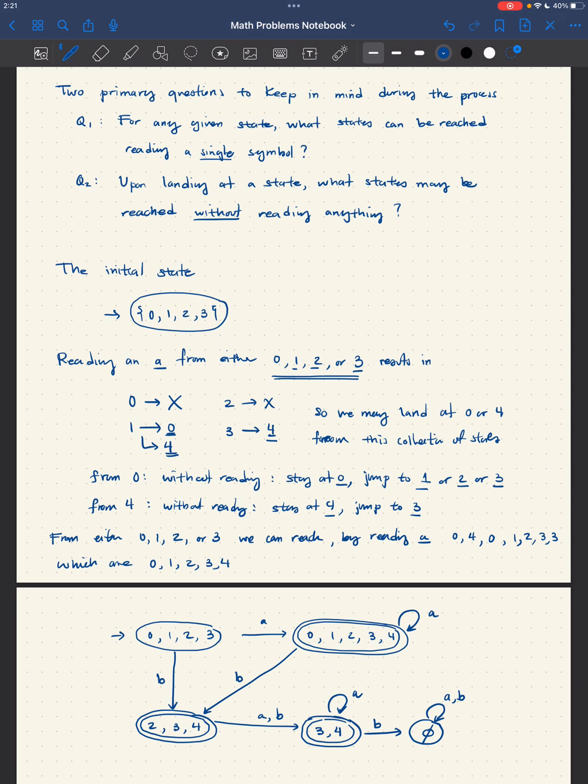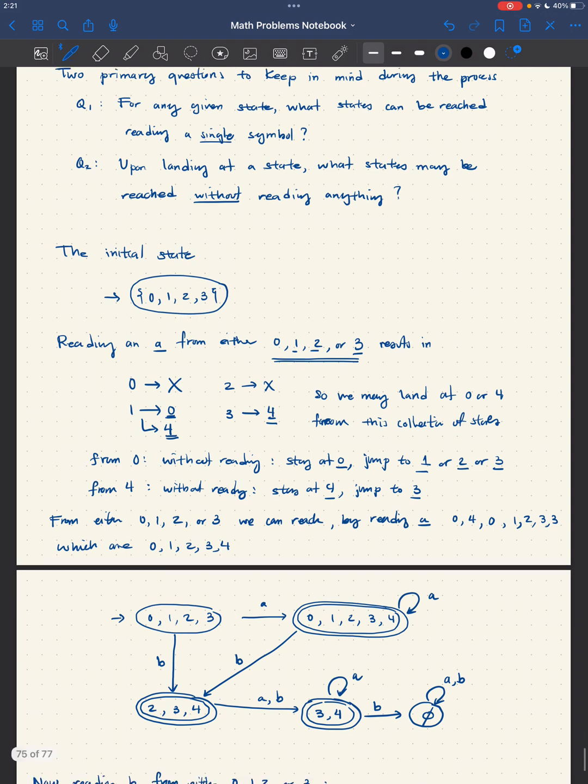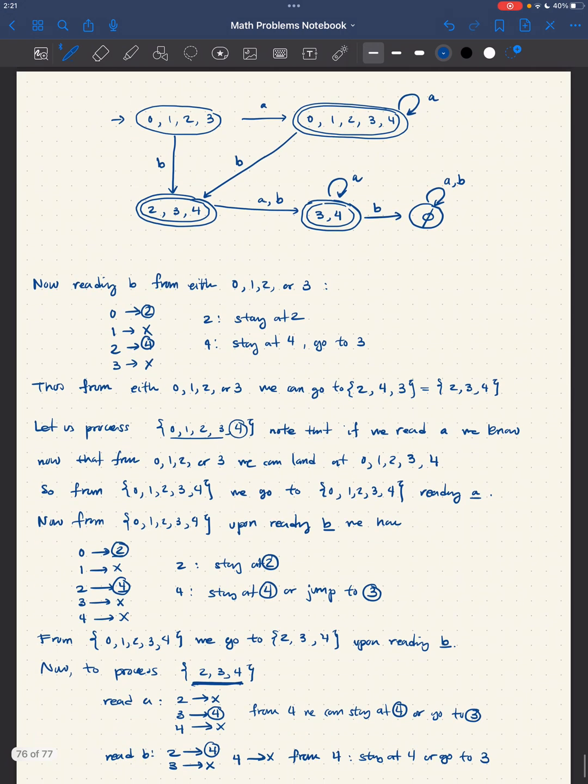From any given state, what states can be reached reading a single symbol? And once you answer that question, looking at the places where you land, what states may be reached without reading any symbol whatsoever? In other words, that allows you to process the epsilon arrows that you want to consider. Okay, well, with this we finish the second part, and I'll see you next time.